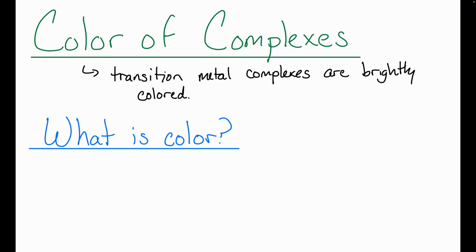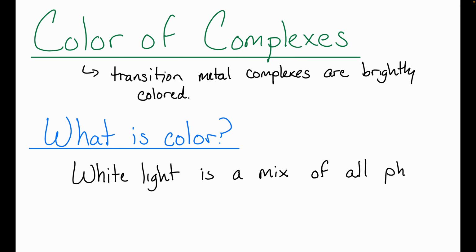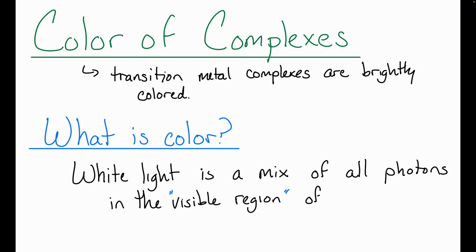All right, so importantly, white light is a mix of all photons in what we call the visible region of the electromagnetic spectrum.